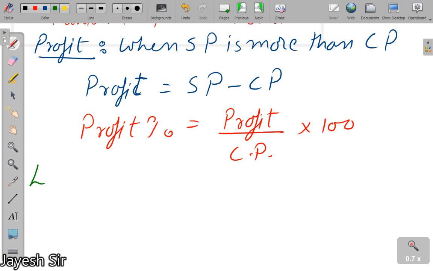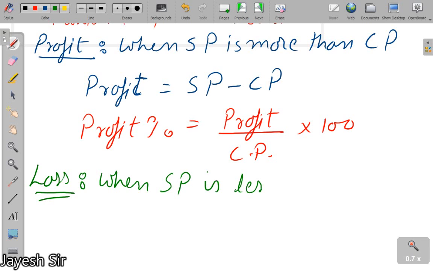Next is loss. When does the businessman get a loss? When selling price is less than cost price. When a person is buying at a higher price and selling at a lower price, it is called loss.